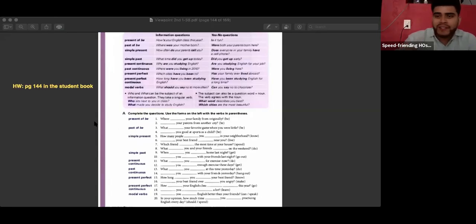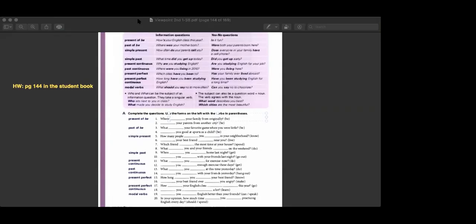So for example, in number 1, it tells us to use the present of the verb to be. We know that the present is is, are, and am. So, where your family from originally? Where is, where are, or where am? What is correct here? Is.